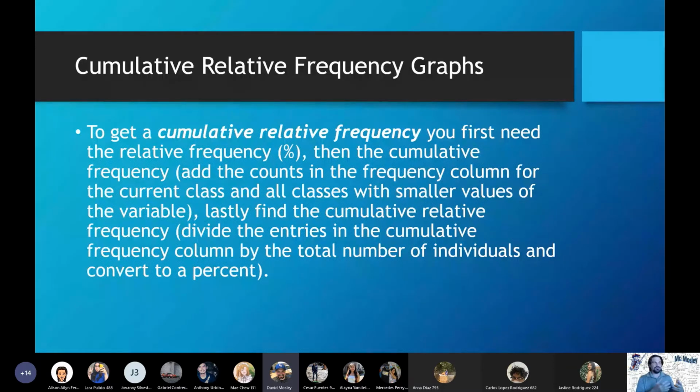So the cumulative relative frequency graphs are those curves that we can use to see where certain values lie in the percentile range. We're going to look at how we make those and how they get created.